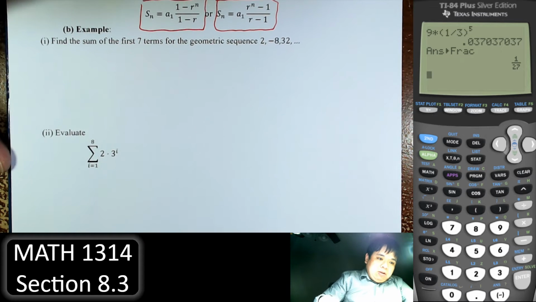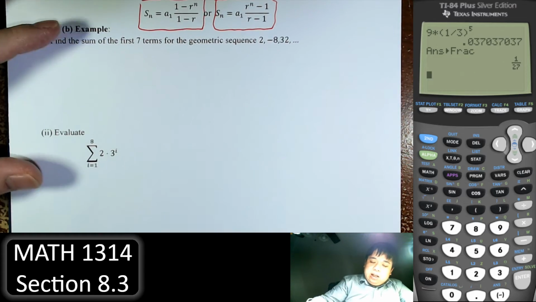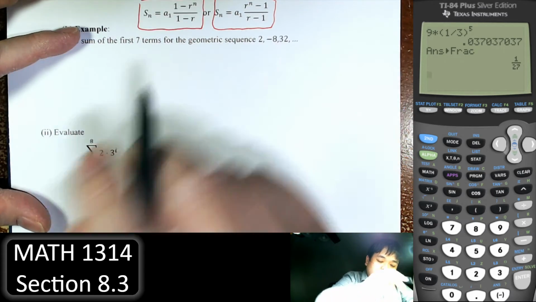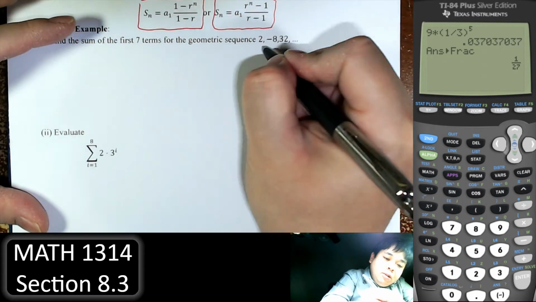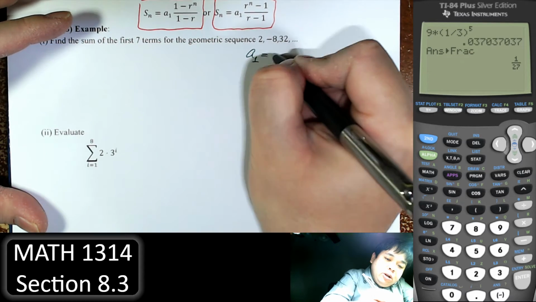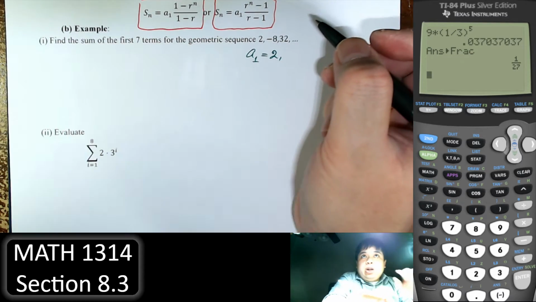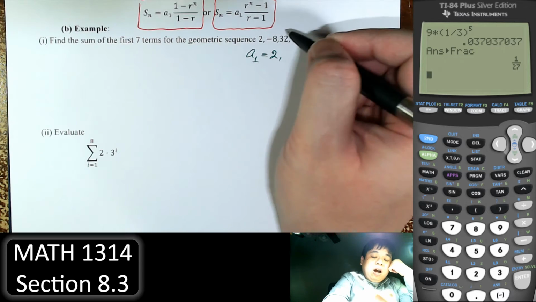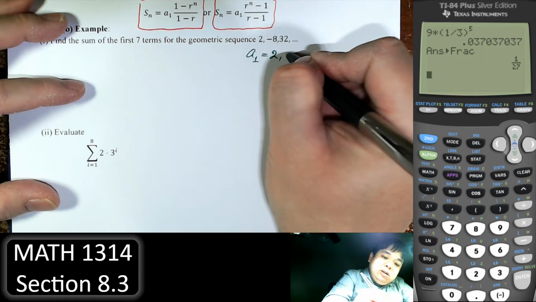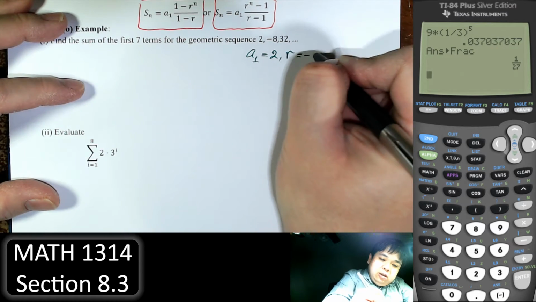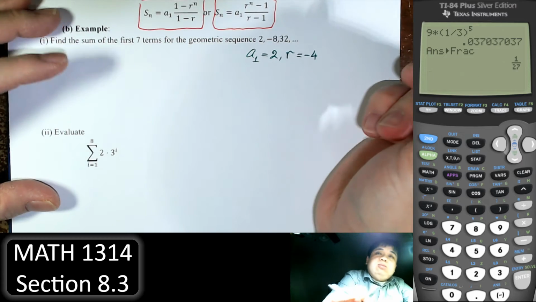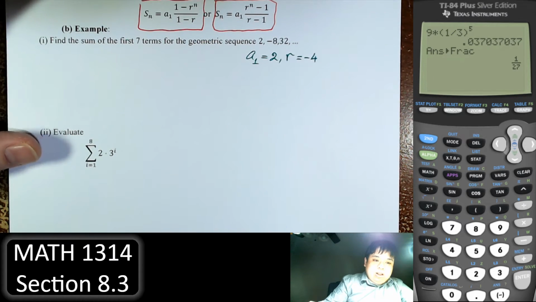Right, now let's find the sum of the first 7 terms of the geometric sequence. In this case, this geometric sequence we see is that the first term is 2. The common ratio to get from this term to the next, we multiply by -4. And then we just have that geometric sequence.